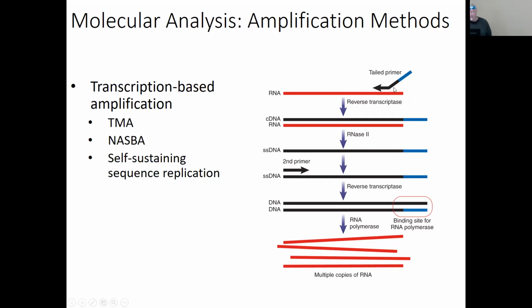A tail primer comes in. Okay, so this is the tail primer. And what you're going to see is the complementary DNA strands start to build. Okay, so you add RNase 2, that gives us a single strand of that DNA. We add a second primer, reverse transcriptase. We get DNA starting to form up. And then at the end of that, we get multi-copies of the RNA that we started with.